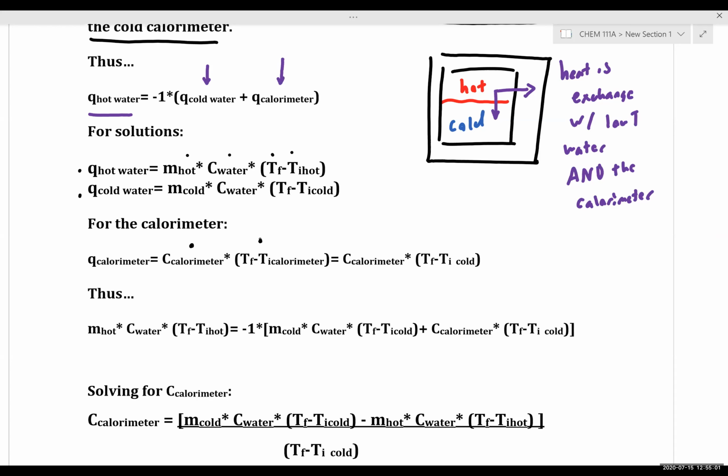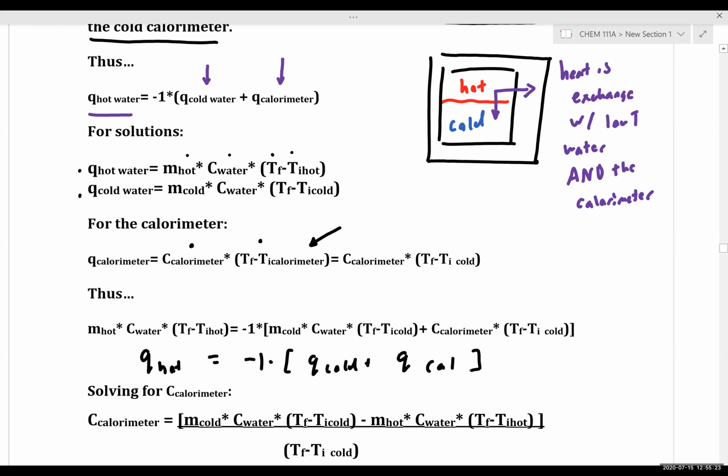Now, one thing I'd like you to note is that the T initial of our calorimeter is the same as that of our cold water. So substituting, we have the Q of the hot water is equal to the -1 times the Q of the cold water plus the Q of your calorimeter.